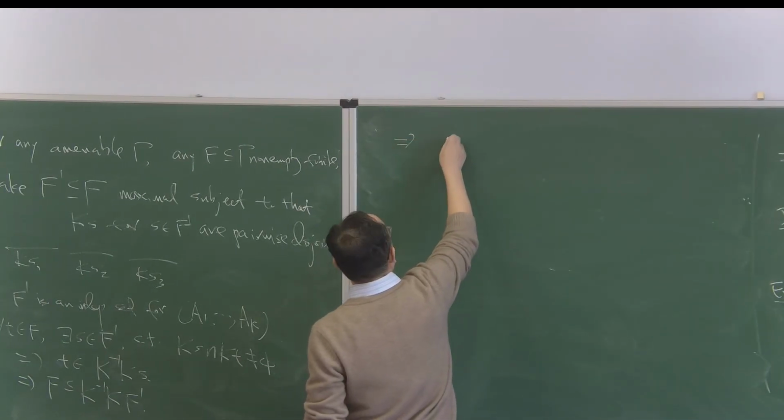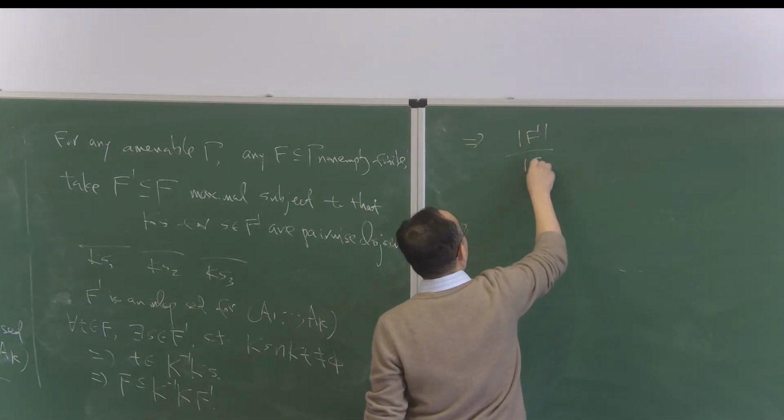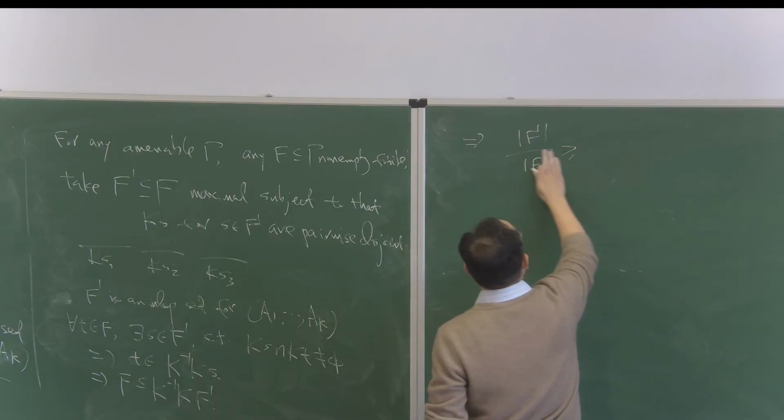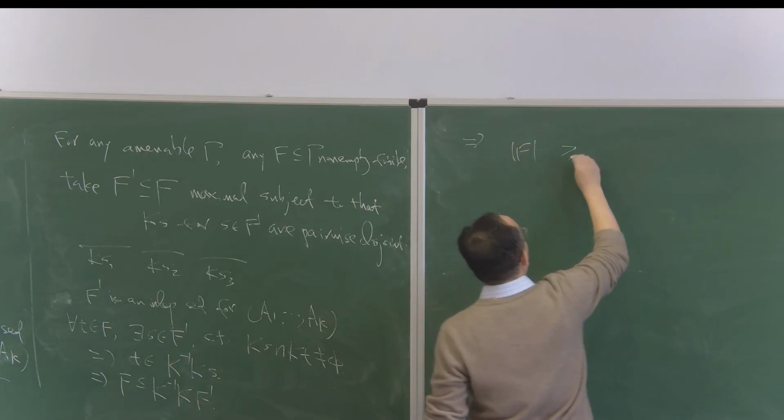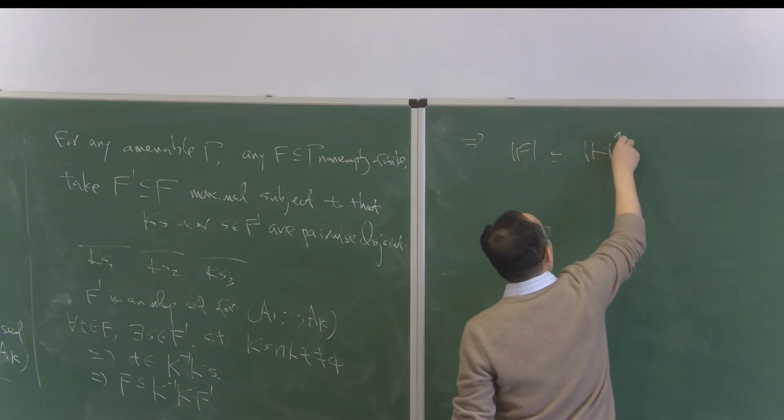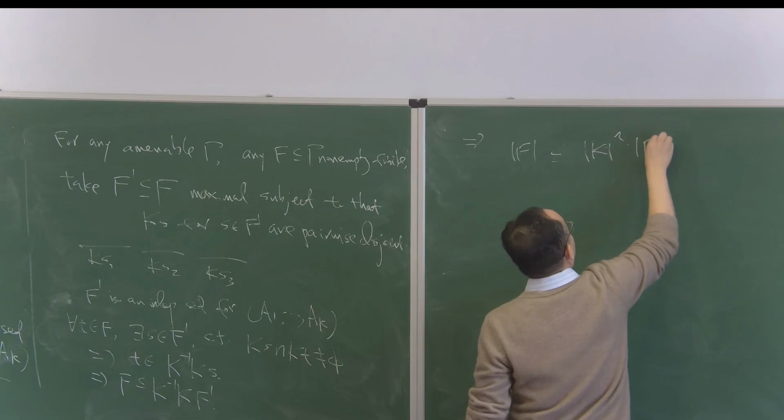So this tells us that the size of f is at most the size of k squared times the size of f prime.